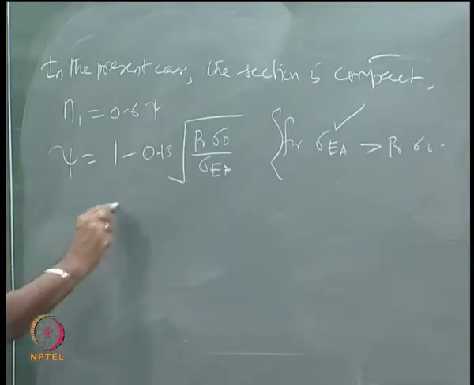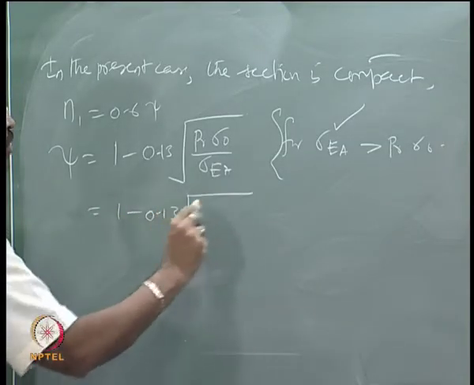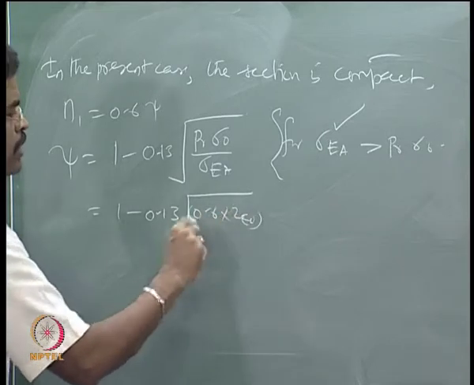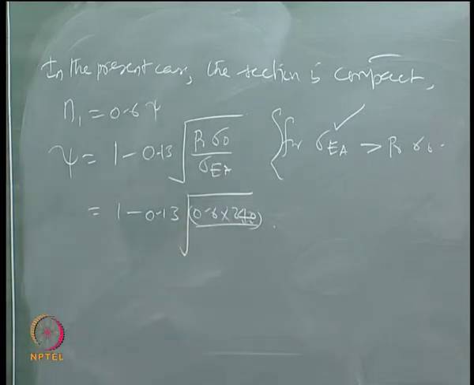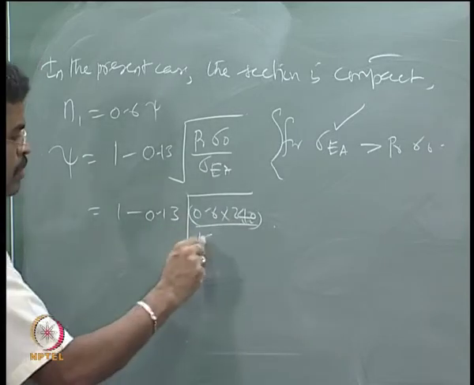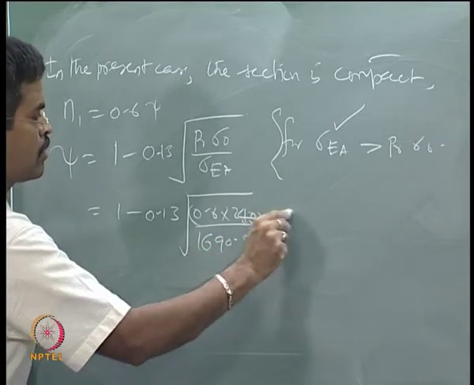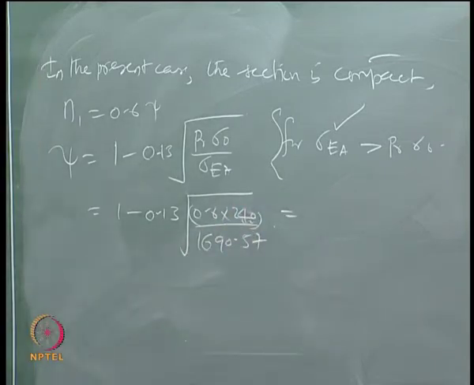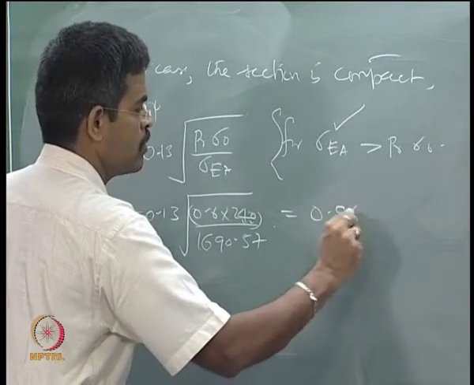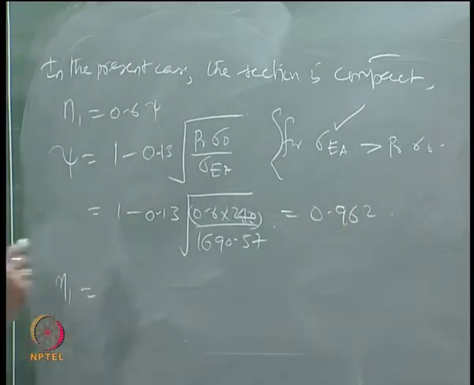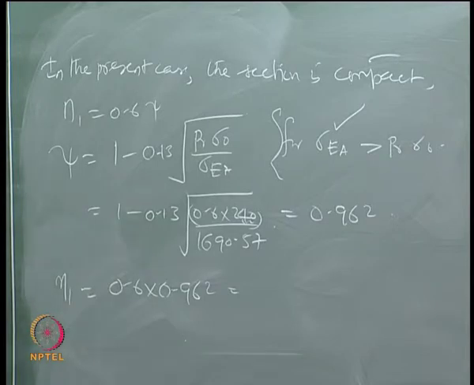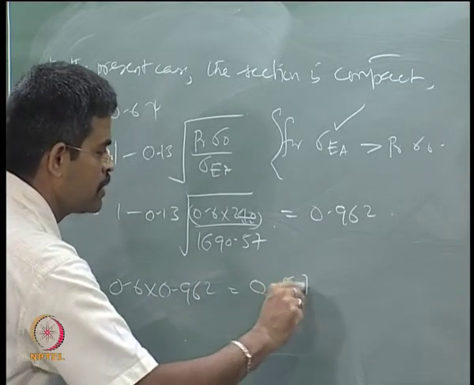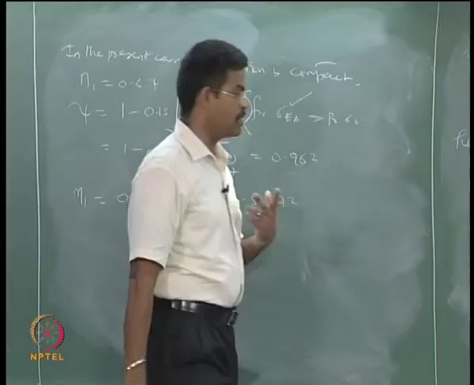So let us substitute here: 1 minus 0.13 of root of 0.6 of 240, which gives 0.962, and therefore N1 is 0.6 of 0.962, which is 0.5772.